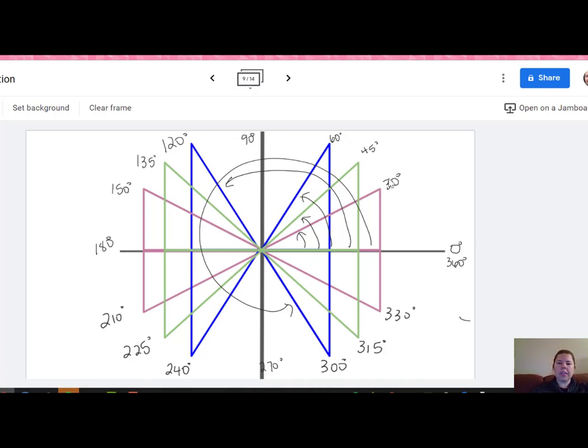So 30, 45, 60, 90, and then this angle measures 30 past 90, so 120, then 135, 150. All the pink triangles have a reference angle in the middle of 30, the green ones all have a reference angle of 45, and all the blue ones have a reference angle of 60. And so we went all the way around the circle, labeling all of the angle measures.